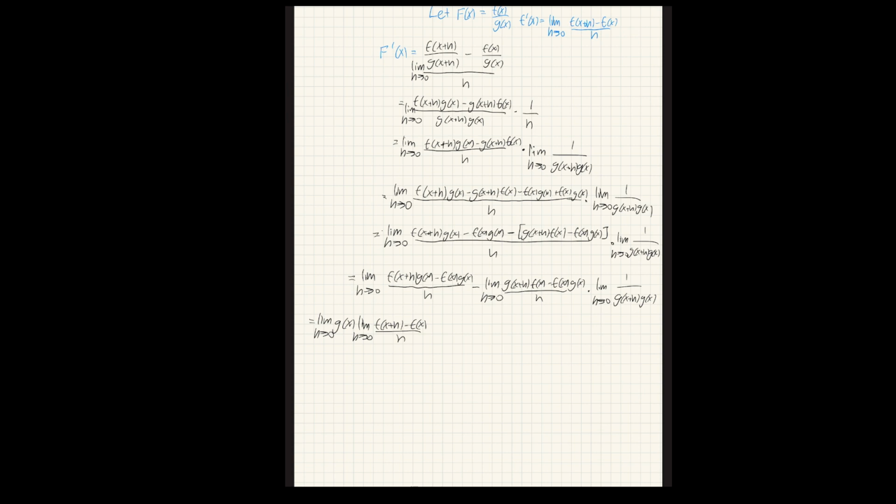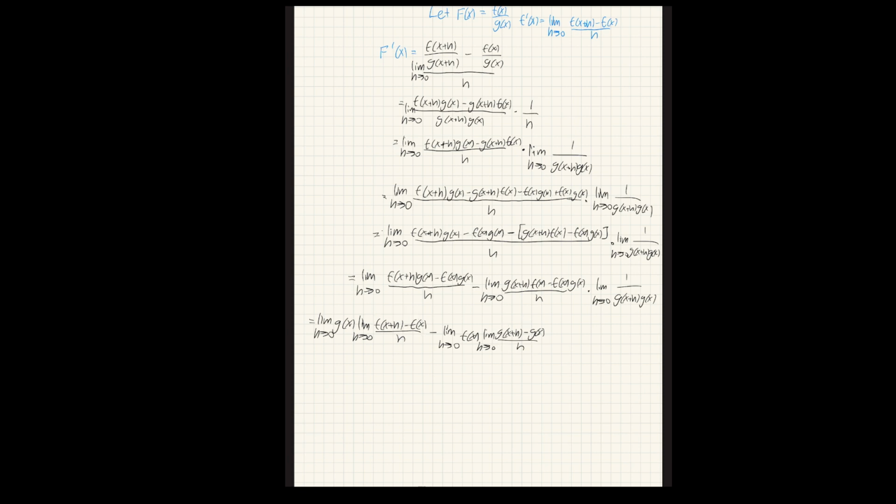Then from here we can factor out f(x). So limit as h tends to 0, f(x), and then write the limit sign again. Again, this is similar to this, but instead it'd be g'(x), not f'(x).